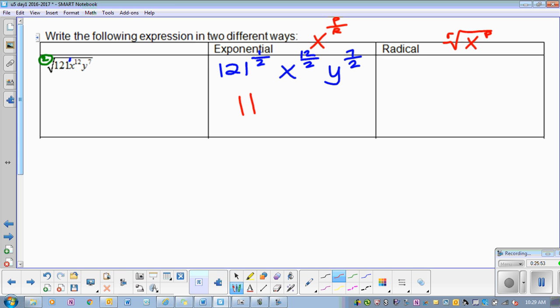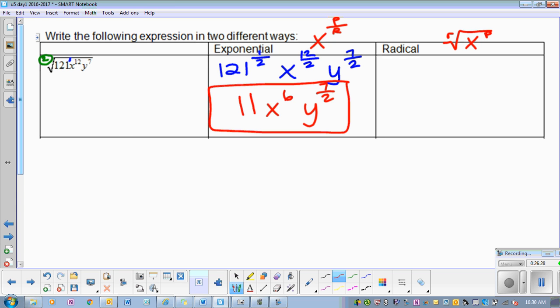What is 12 divided by 2? 6. If you can simplify that fraction, write the simplified form. And what about for the y? 7 over 2, can you simplify that? No, then just leave it as 7 over 2. y to the 7/2 power. That's it for the exponential form. Pretty good, right? Just leave it as power over root unless you can simplify it.